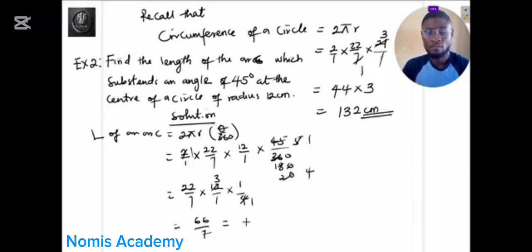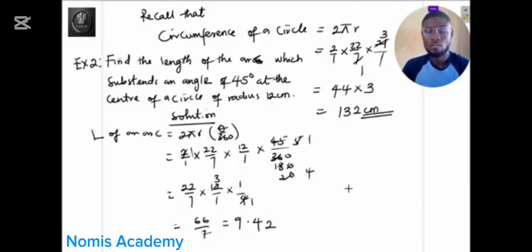So 66 divided by 7. I know definitely 7 times 10 is 70. That means 7 times 9 is 63. So I have 9 point, I'm left with 3. That's 30. So that's 4 in 28. It will remain 2 0. So 2 0, that will be 2, remainder 6. So remainder 6, 60.